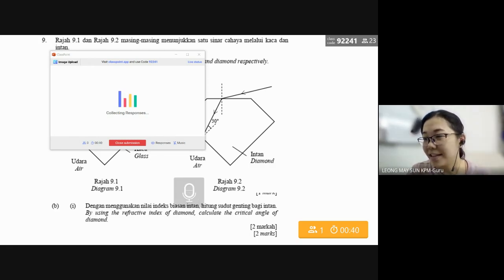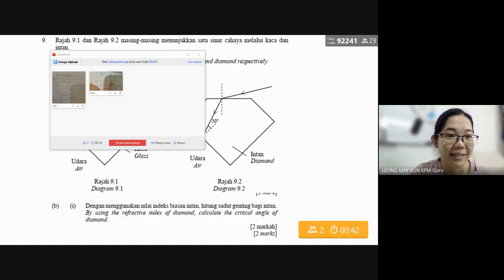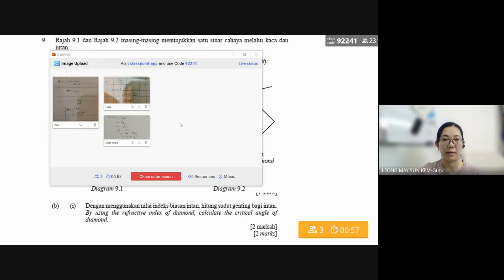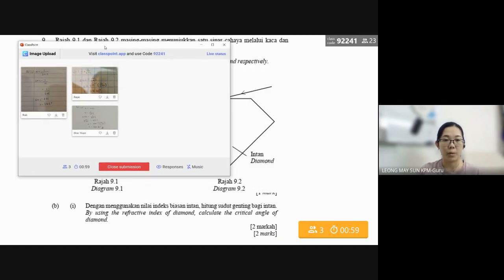Mr. Qiqi, the answer is yes. This question is a 2-mark question, so I'm going to show you guys what that 2-mark question is. So we have 3 answers already. I have 1 more minute before I close submission. The main reason why 2 minutes is because I want to cover more questions. It's not that I don't want to look at everyone's answer.